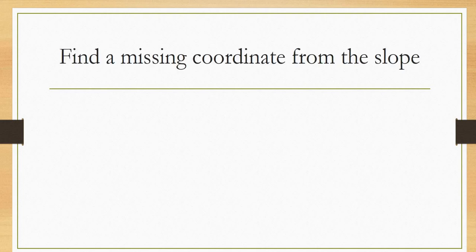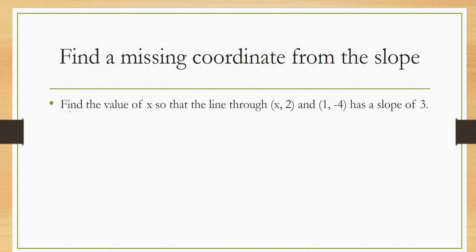All right, so the second to last thing we want to do is to find a missing coordinate from the slope. So if they tell me to find the value of x so that the line through these 2 points has a slope of 3, well, let's look at our formula. I've got several of these missing parts.